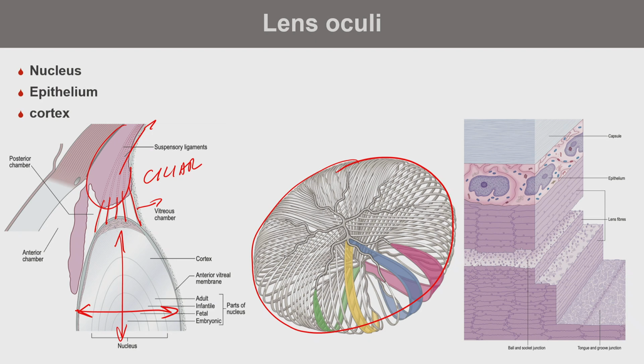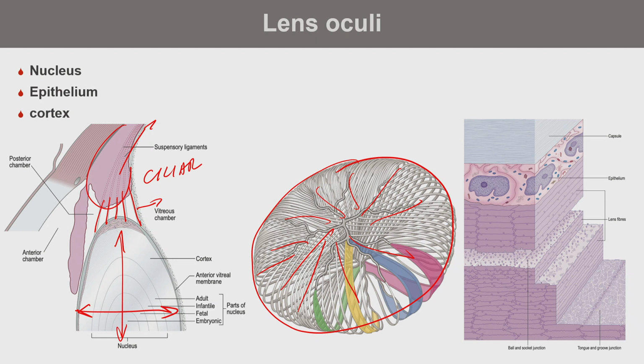So lens has a very complicated structure. The fibers are in several orientations, making it flexible. It's very similar to the ball for American football.